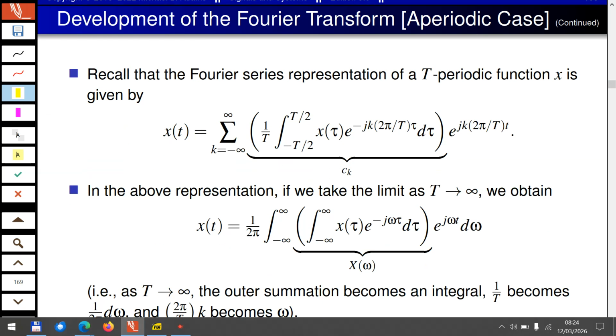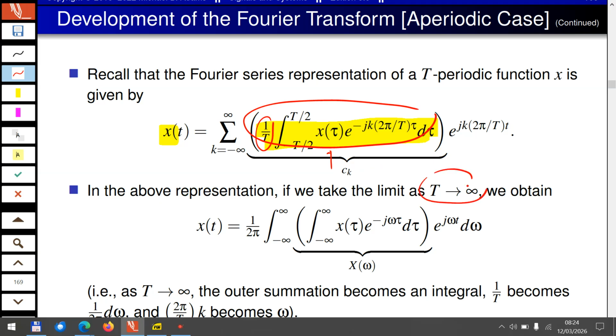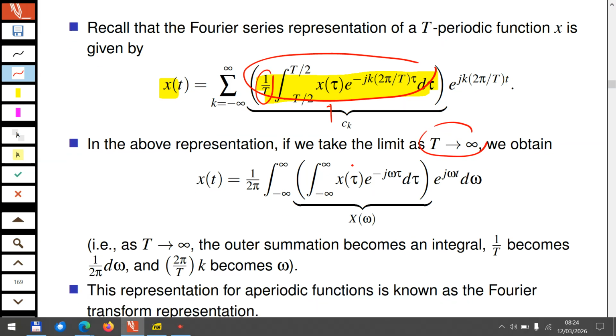And he wrote all of those things in just one equation. This is our original function. We want to express this as a Fourier series, so this whole thing is simply ck, but then he looks into it, he writes the formula, and you observe that 1 over T, when you apply this limit, appears in the form of d omega by 2 pi, right?